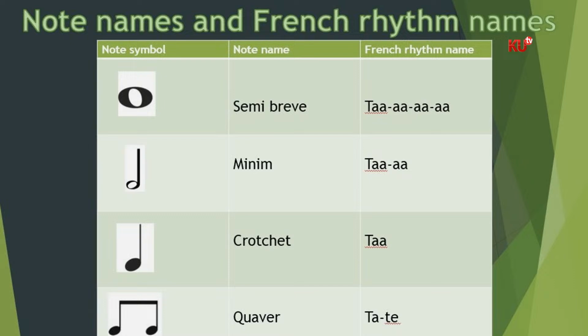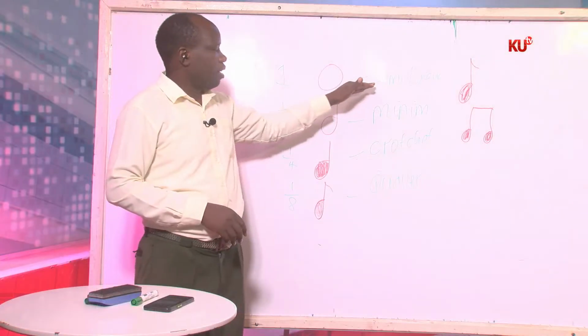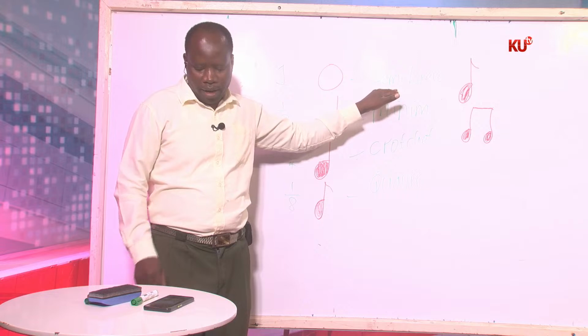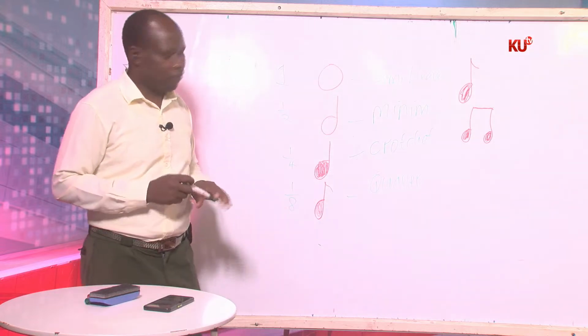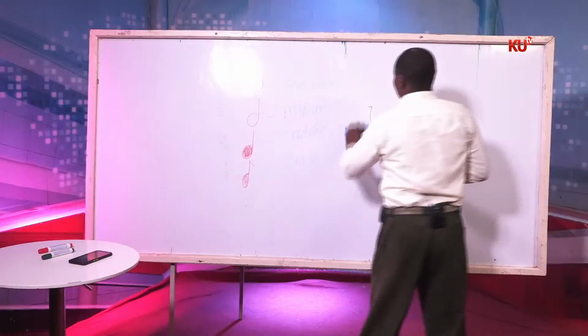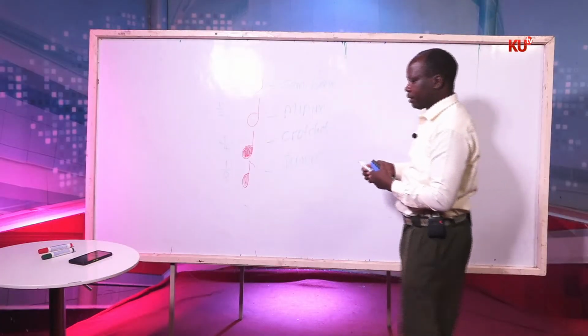They have their original names in English, which partly originates from Latin, and they also have their French rhythm names. The first one, its official name is semi-breve, but it has its French rhythm name that will also guide us in the next step.